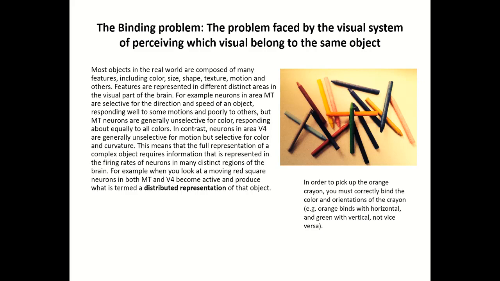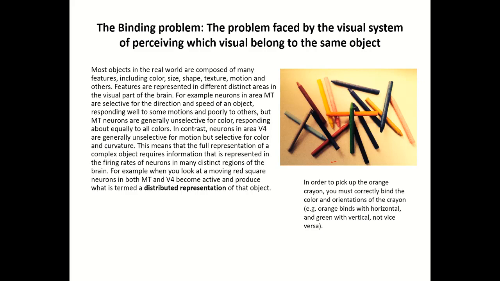So here you see this is a complex visual environment because you have crayons of different colors and different orientations. It's not highly complex, but it's kind of complex. So you see different colors and different orientations, right?